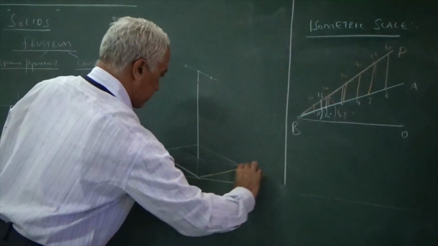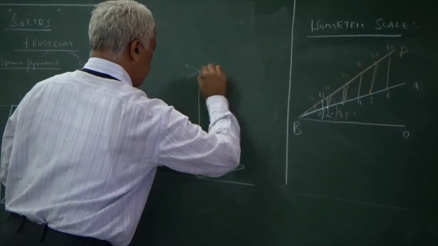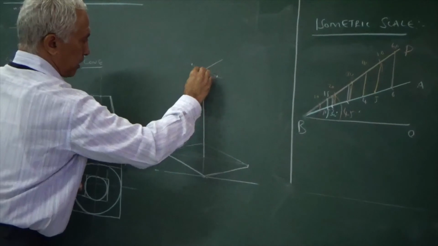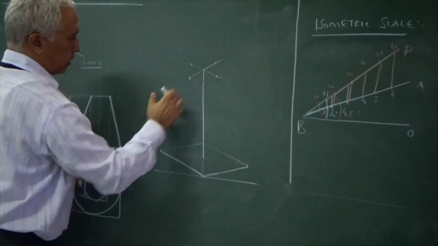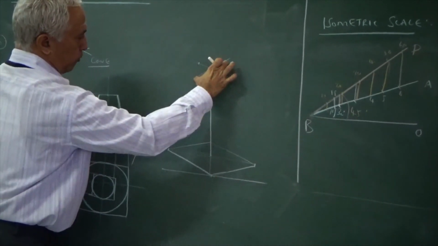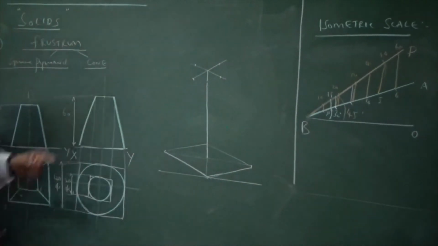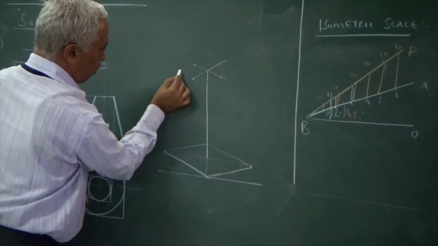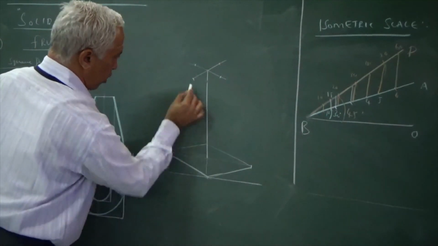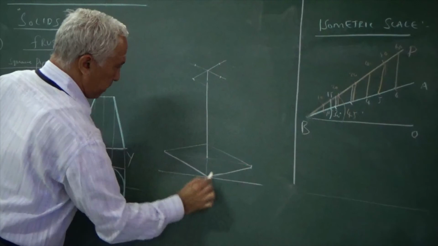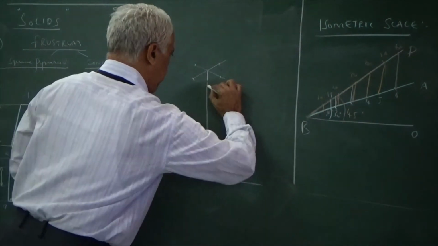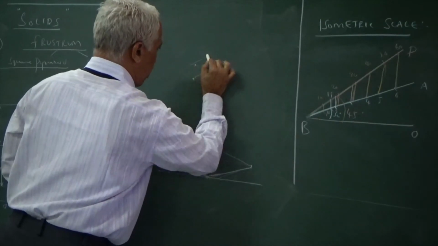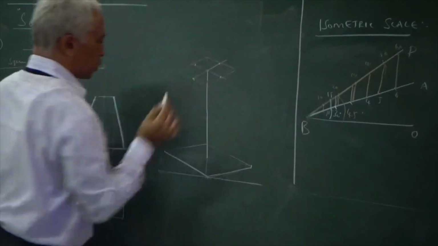Similarly, onto the other side, draw a parallel line from the center as reference, and cut ISO 15 on each side. Total is 30 on one side, 30 on the other side. I get 4 reference points. With these 4 points as reference, from this point draw a parallel to this base, and complete by drawing parallel lines to get the square at the top.